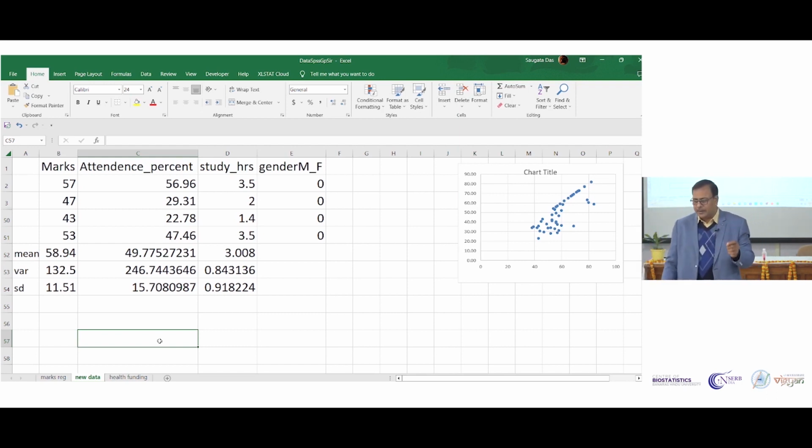Amount of increase or decrease in the value of y by a unit amount of increase in the value of x.